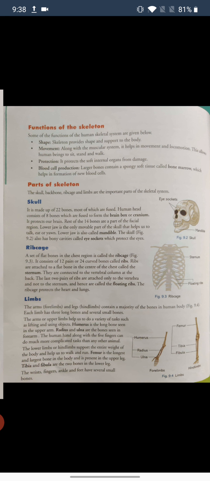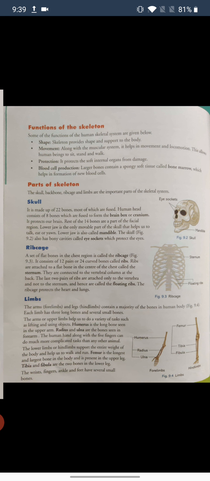The lower jaw is the only movable part of the skull, which helps us to talk, eat or yawn. The lower jaw is also called the mandible. The skull also has bony cavities called eye sockets which protect the eyes.